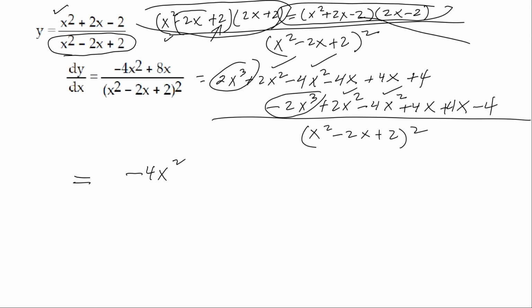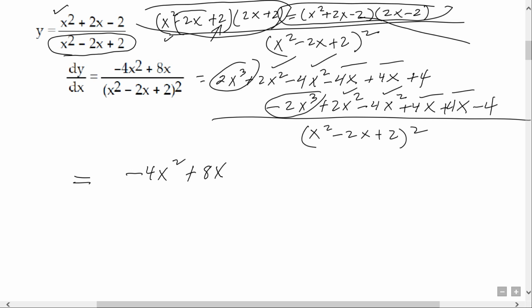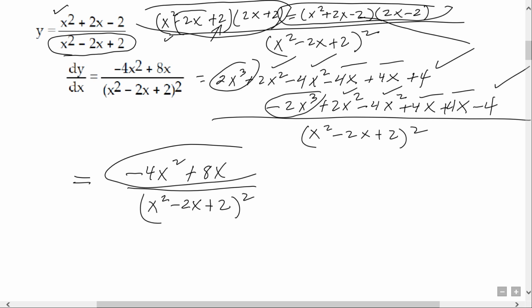Taking care of the x terms, we get 4x minus 4x is 0. Plus 4x plus another 4x is plus 8x. And you can see the constant terms are plus 4 minus 4. They cancel out. And so we get a much simplified expression, x squared minus 2x plus 2 squared in the denominator divided into minus 4x squared plus 8x.